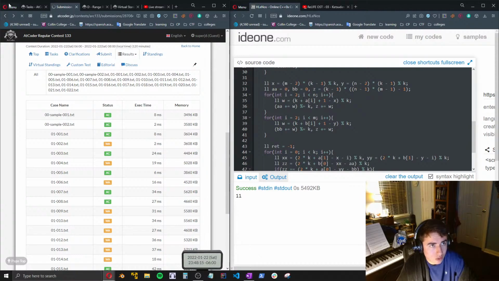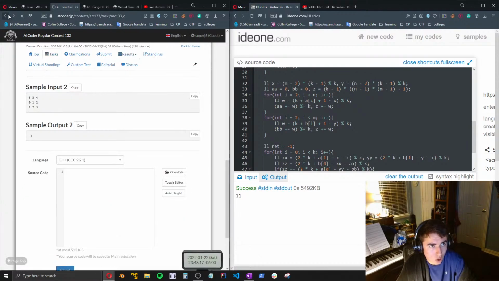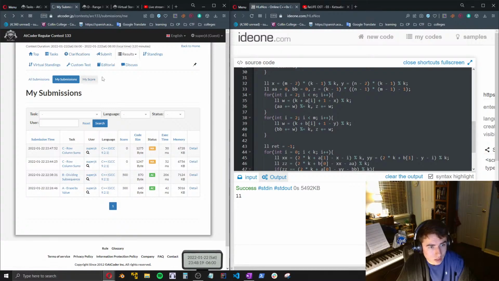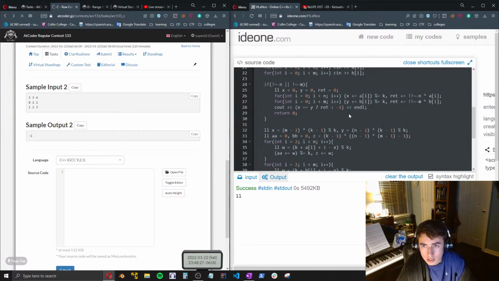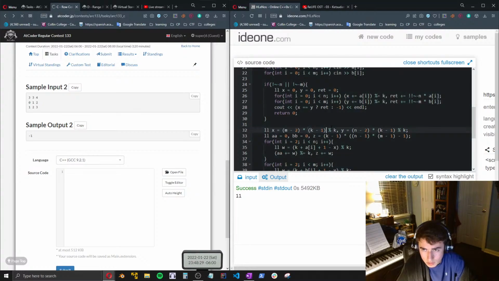Improved by a whole 2 cases. Wow. Alright, let's see. No, -2 times k. First off, multiplying by k minus 1 is the exact same as just doing k plus 2 minus 9.